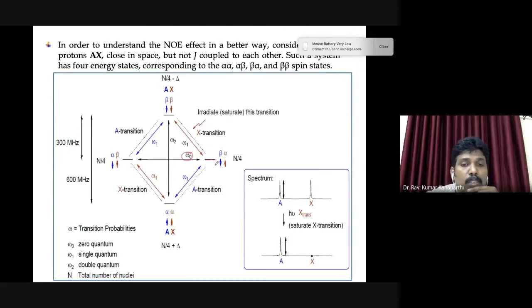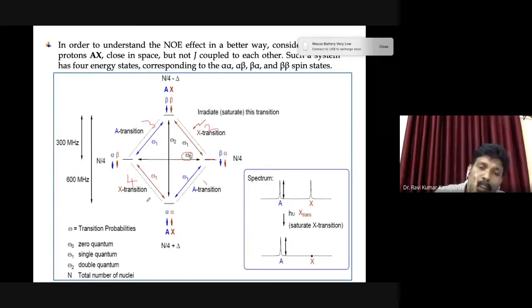In this case the A spin is changing from alpha to beta, but the X spin remains alpha, the same, right? And in this case the X transition is changing, while the A spin state remains the same. So this is 1, 2, 3, 4. All these four transitions, the same thing is happening.